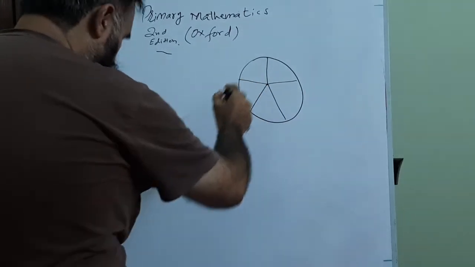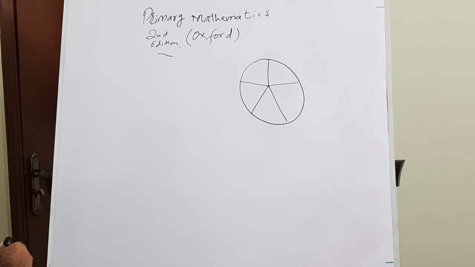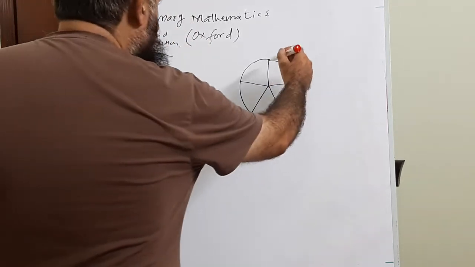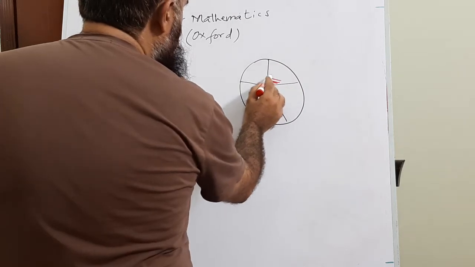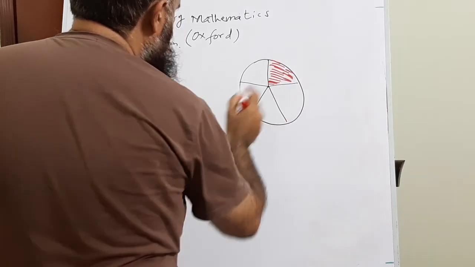One, two, three, four, 5 parts. Which fraction of each circle is shaded? So this part is shaded there. I'll make it red for your understanding.